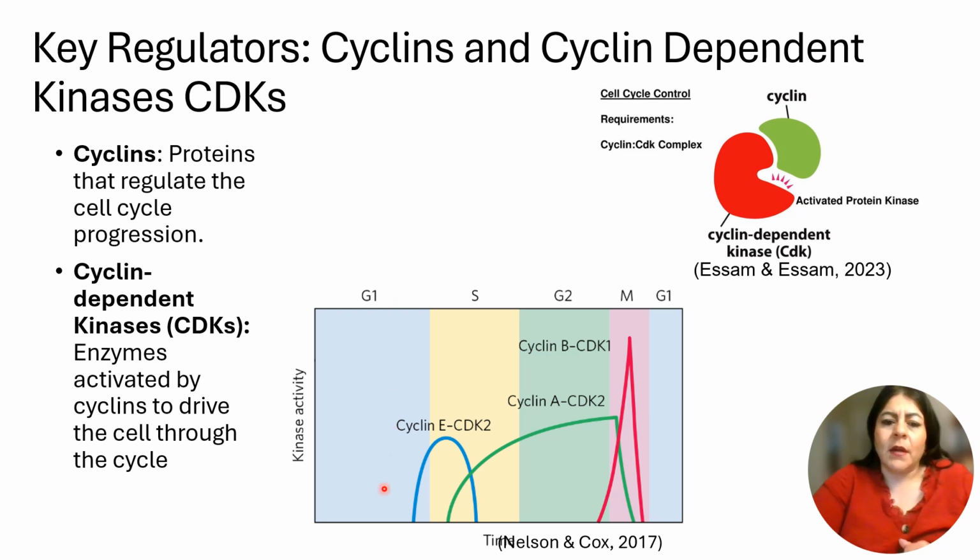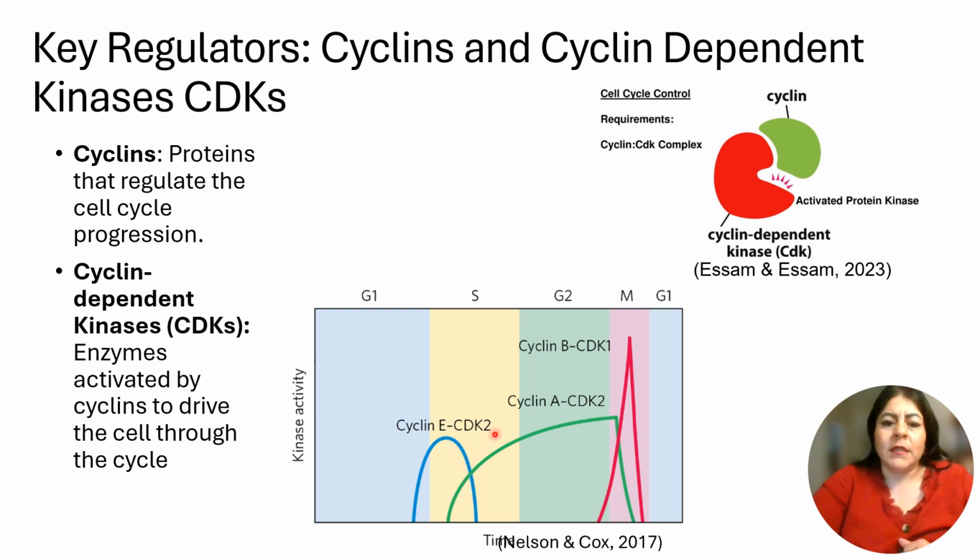Okay, so I have this graph here that represents the importance of this. Between G1 and S phase, we have the cyclin E and CDK2 complex that is abundant.